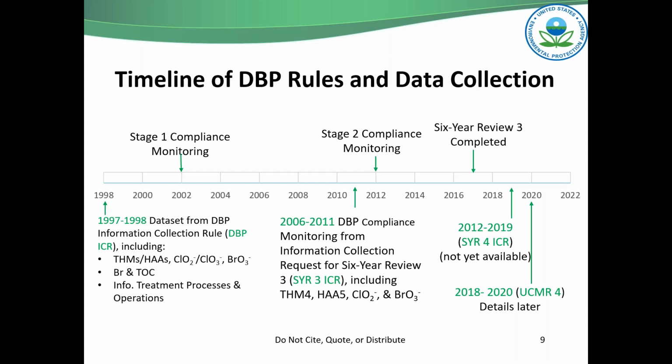What you see here is a fairly significant time lag between when regulations are promulgated, when the compliance monitoring begins, and when the data that becomes available from those compliance monitoring efforts are able to be analyzed. So this is an ongoing challenge in terms of lag time and processing of information.